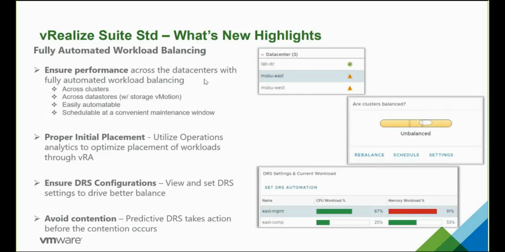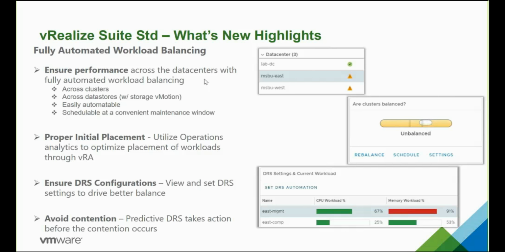So with 6.6, you would see a new feature being introduced, which is fully automated workload balancing. Now, there are multiple use cases or technologies which are used to build this feature, and these technologies are time proven, and the way they work in tandem with each other is very powerful.